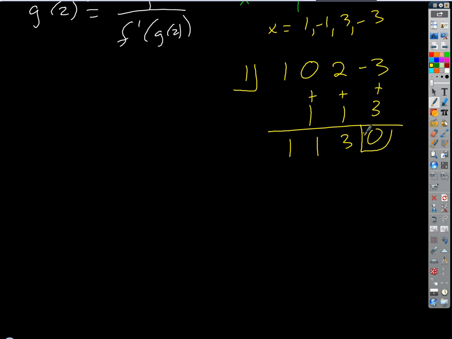It's the only one. And it's the only one because look what we're left with, right? What we're left with here is the quadratic factor, x squared plus x plus 3. And we can show right away that that has no real zeros because the discriminant is negative, right? The part under the radical in the quadratic formula is negative.